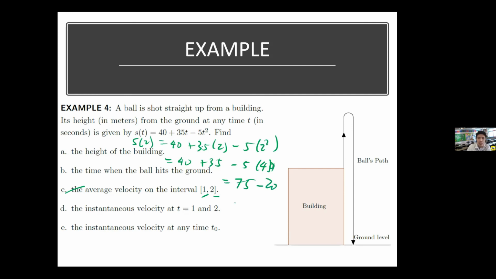Sorry, this must be 70, I mean. 70. So this must be 110. 110 minus 20, kaya nahimong 90. So mao na 90.